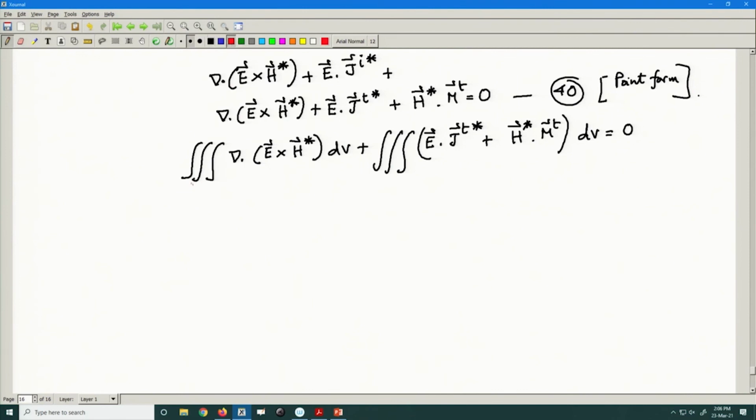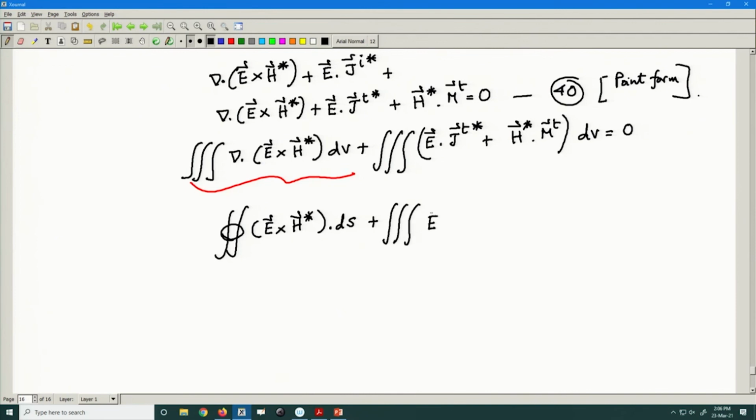And by using the divergence theorem on this term, we will get the closed surface integral of E cross H star dot dS plus triple integral of E dot J_t star plus H star dot M_t dV as 0.